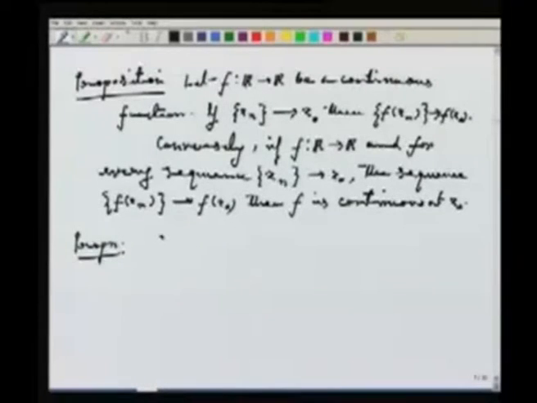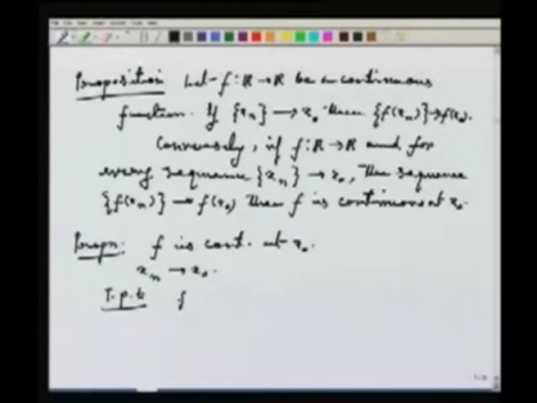So I assume that f is continuous at x naught. I choose a sequence xn which converges to x naught. To prove that the sequence f of xn converges to f of x naught, you know what I have to do.